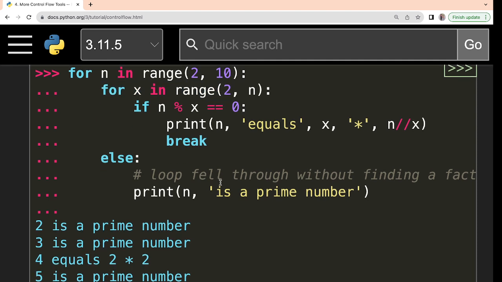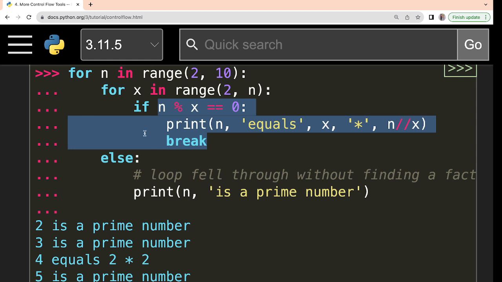And after that, in else the statement written is print n is a prime number. That means if this condition never becomes true from 2 to n minus 1, it will reach n minus 1, and there also the condition is not true, so it will not break. After that the loop condition becomes false.